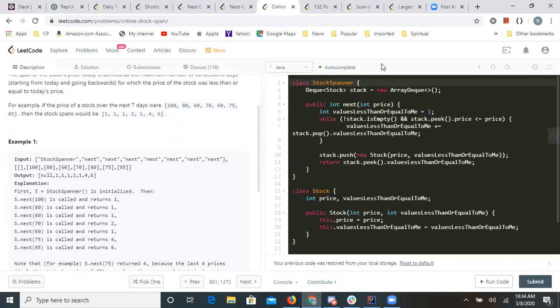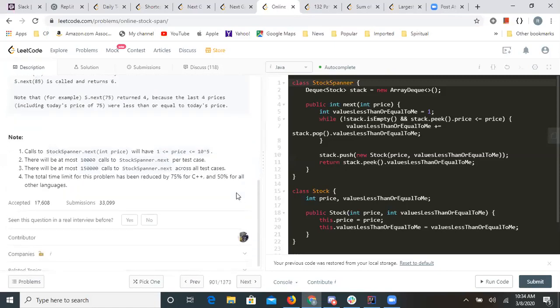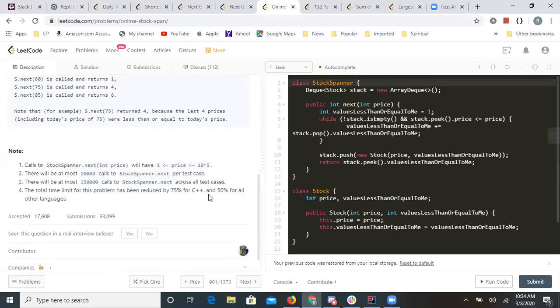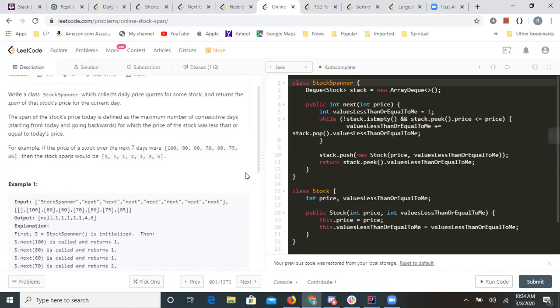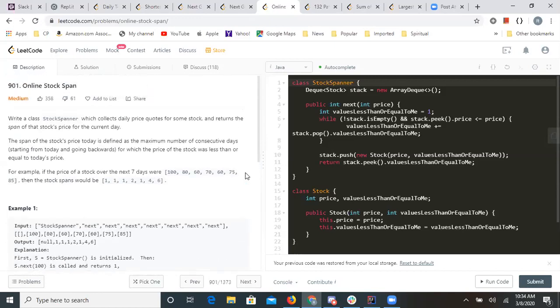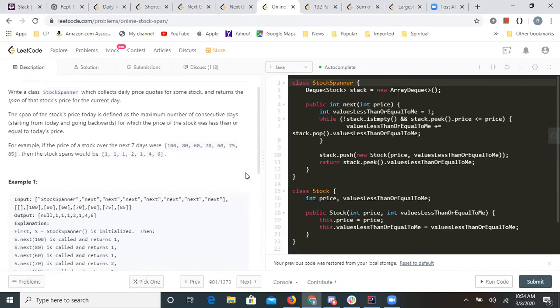So the pattern is similar. And then the problem is, I haven't spent too much time, but I think they have made this bound such that if you solve it in a brute force way, it probably will not be accepted. So that's why we need to optimize a little bit. That's the main challenge here.